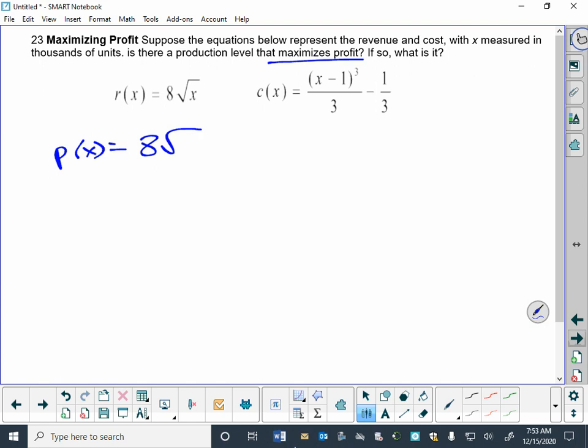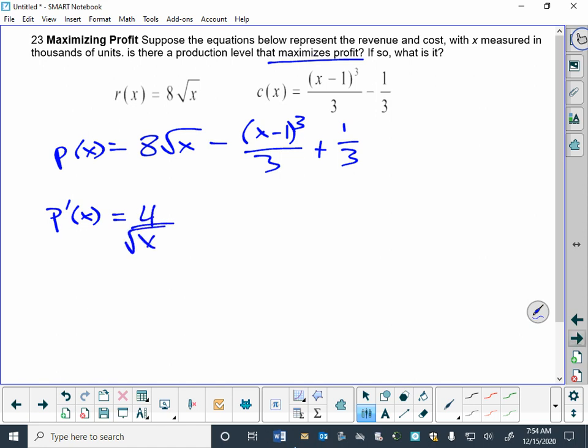So that's 8 root x minus x minus (x minus 1) cubed over 3 minus 1/3. Make it a plus 1/3. Once I do the derivative, that's going to kind of be irrelevant anyway. So the derivative of the profit is, that's x to the 1/2, so 4 over root x minus, this is going to be (x minus 1) squared.